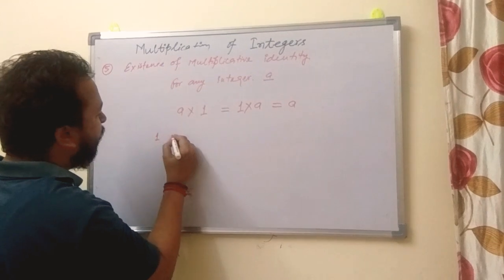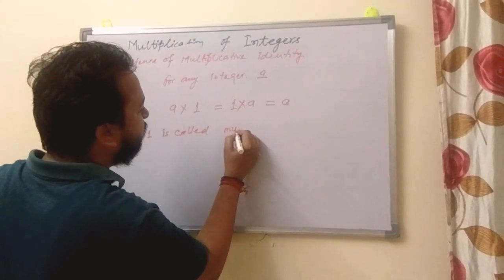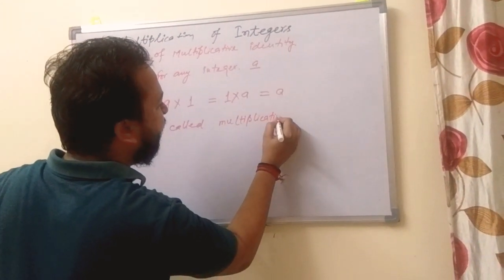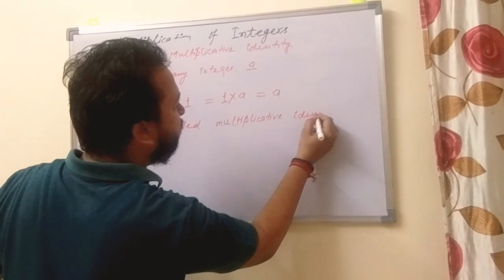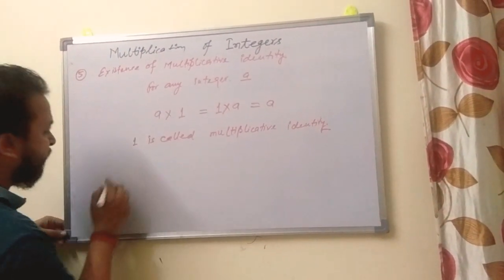So therefore 1 is called the multiplicative identity. Right? Take some examples.